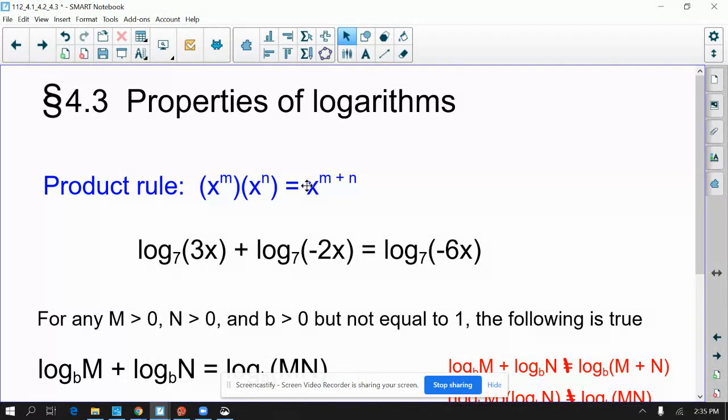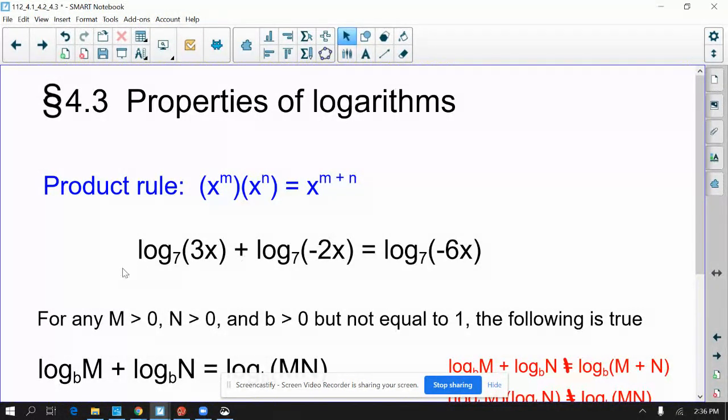So it should be no big surprise that when we add logarithms of the same base, you can think of it as adding exponents that are both attached to this base. And since when we added exponents, that was the result of multiplying the powers, then these two logs will join to become one logarithm, but the power will be negative 6x. And that's from 3x times negative 2x.